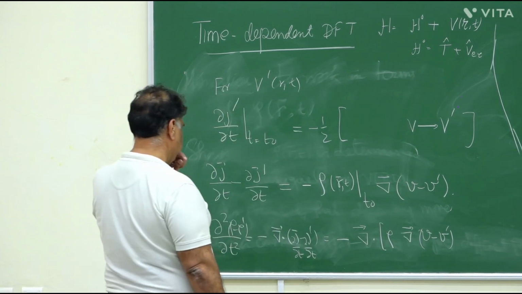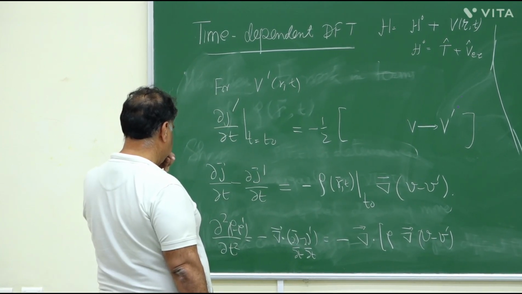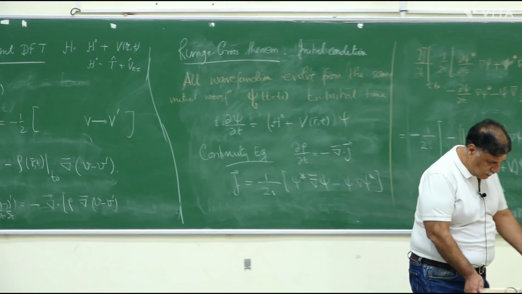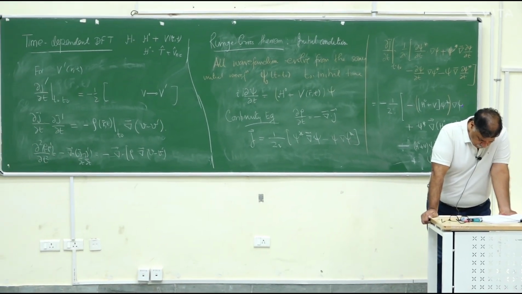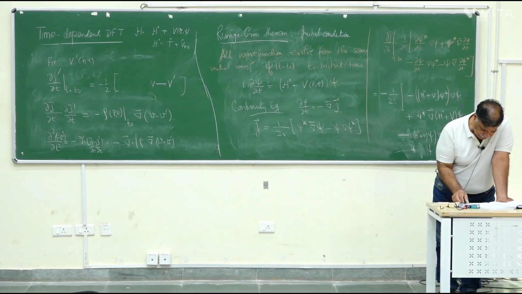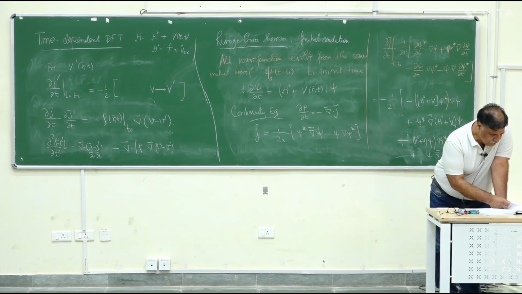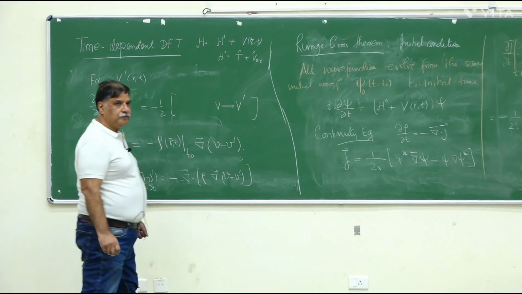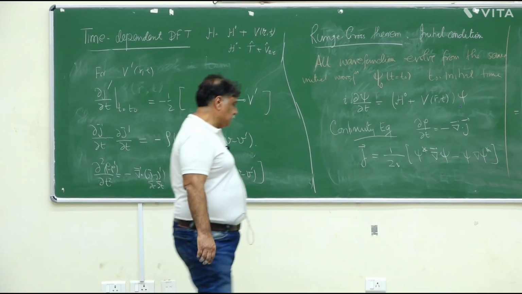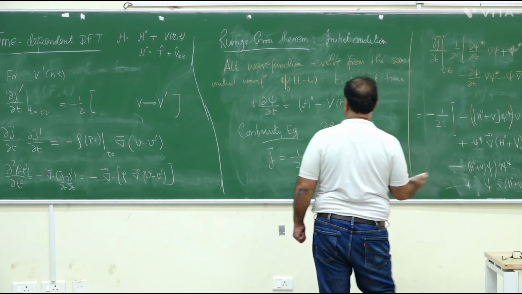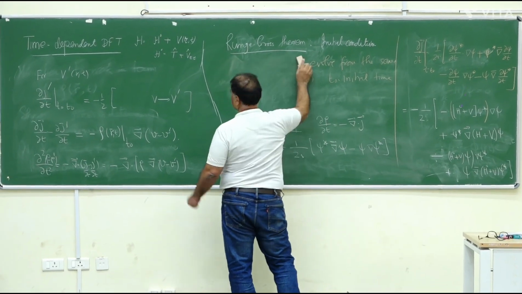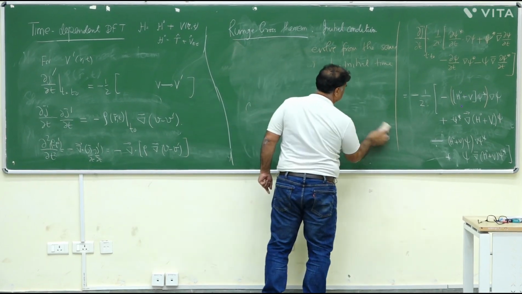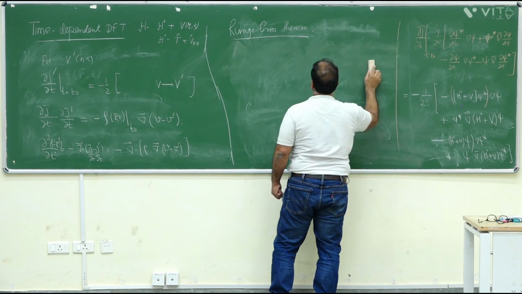Something is wrong. Let me see. dj by dt is okay. Now d2 rho by dt, there is a term here. Yeah, this is fine. Very good. Okay? So I've eaten a few steps from here to here in subtracting, 2 steps, and that you have to work out.